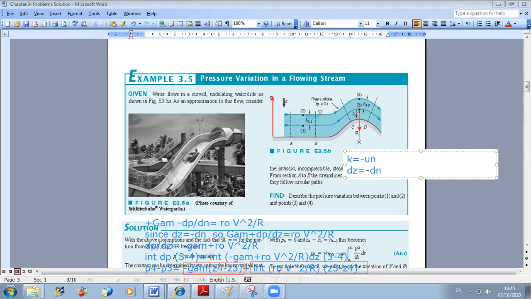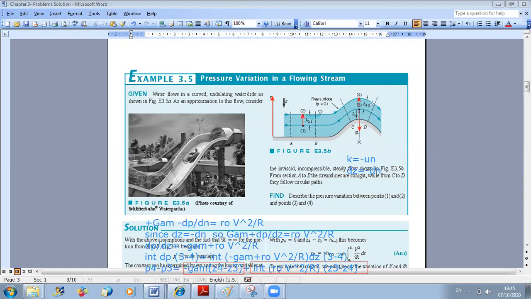Now, concerning what we are doing here, we are trying to compare the pressure at point 3 and point 4. In general, if you don't have curvature and you move from point 3 to point 4, the pressure will decrease, as was the case when you go from 1 to 2.